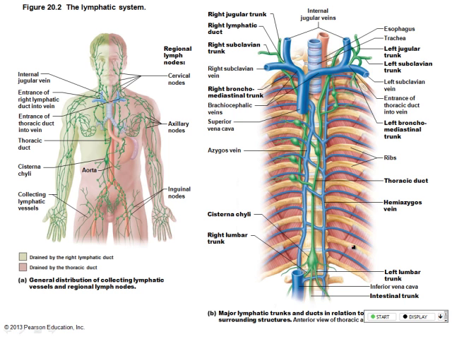And then we're going to see that the fluid from this side of the body is drained by the right lymphatic duct. And then most of the other fluid from the lower extremities, much of the abdominal pelvic, and the other arm, which is what side of the body? The left side of the body is going to drain into the thoracic duct.